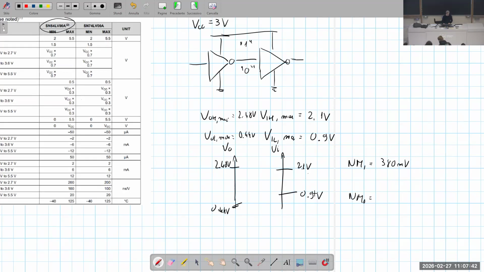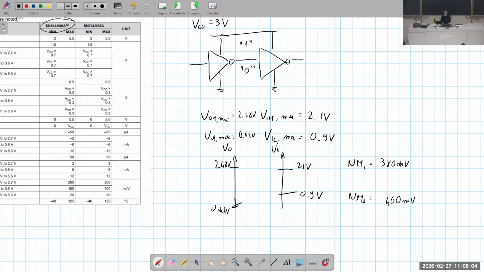And at the low level, we have 0.9 minus 0.44, that is 560 millivolt. Okay? Sorry. 460, sorry.